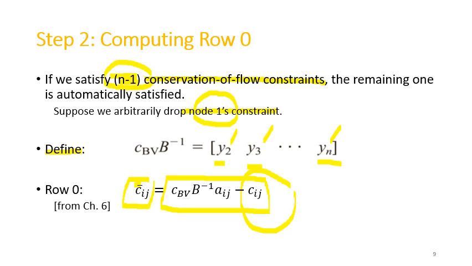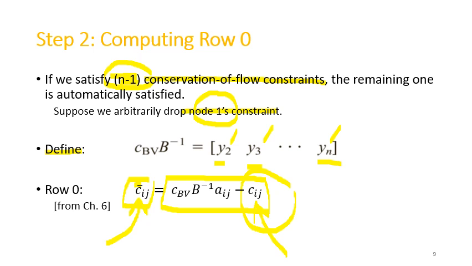So in the objective function, if you see 10 times x12, that 10 is this thing. But if you want to know the coefficient in row 0 for x12, it is denoted by this thing.